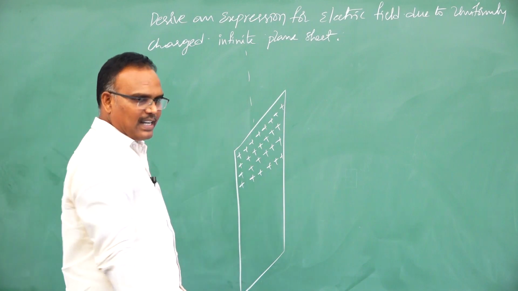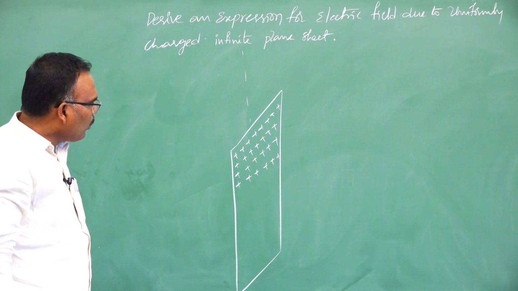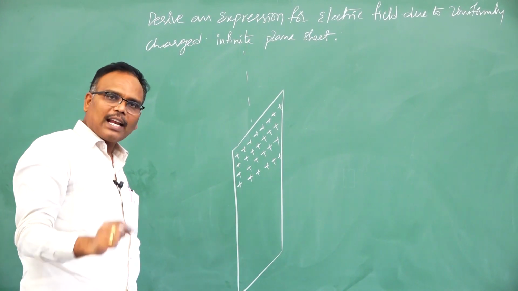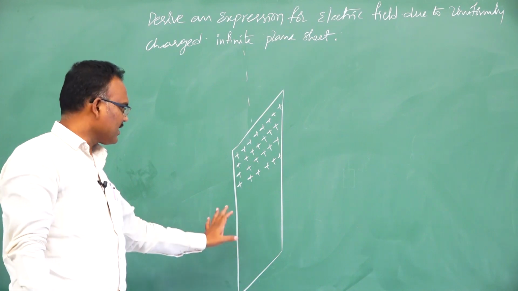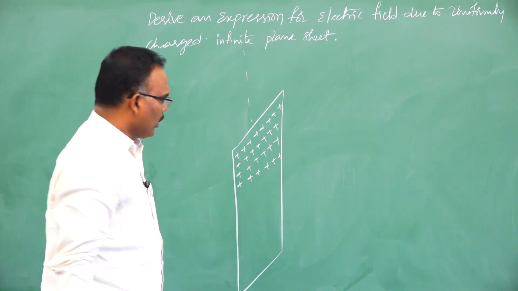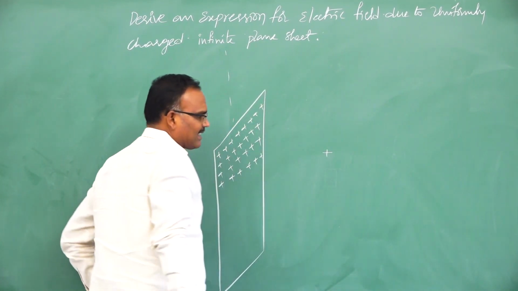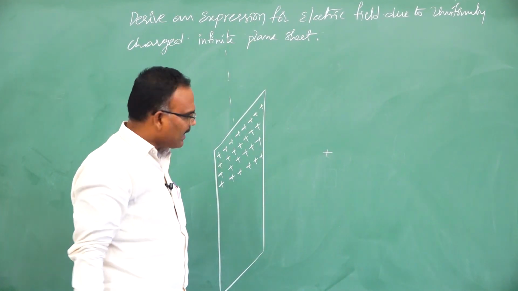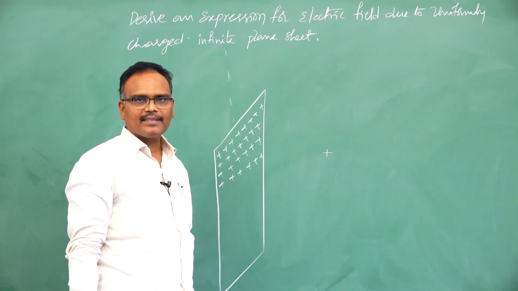Did you draw completely? So here how it will produce electric field, what will be the electric field diagram for this sheet, we'll see. I've already told you clearly, if you have a point charge like this, it produces electric field in a spherical shape. In all directions you will have field lines.